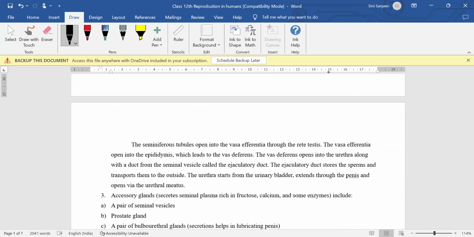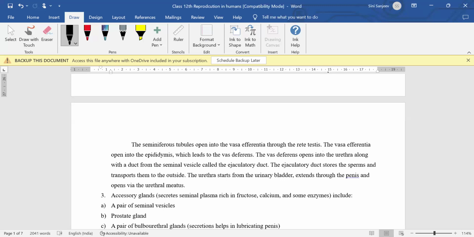As I told you, the seminiferous tubule, where the synthesis of the sperms takes place, opens into the first part, the vasa efferentia, through a part called the rete testis. From the vasa efferentia, it will enter the epididymis and then go to the vas deferens.